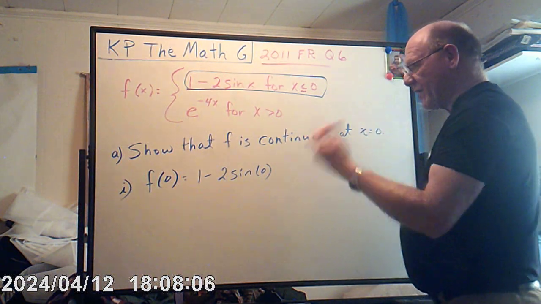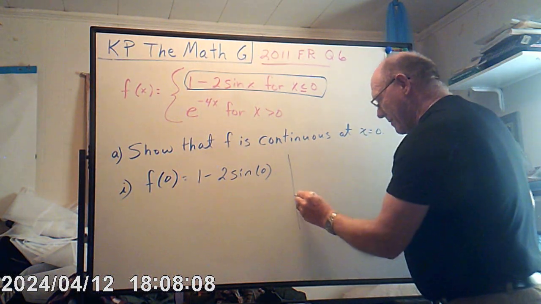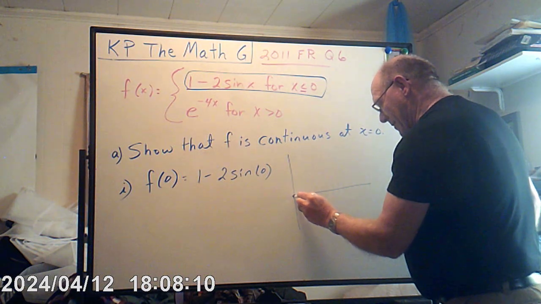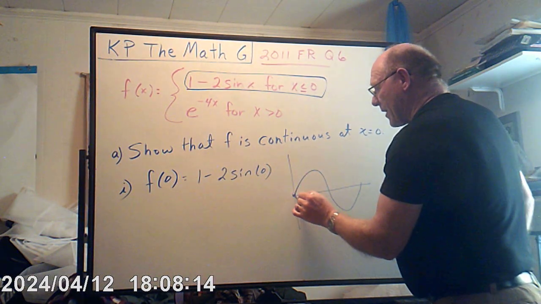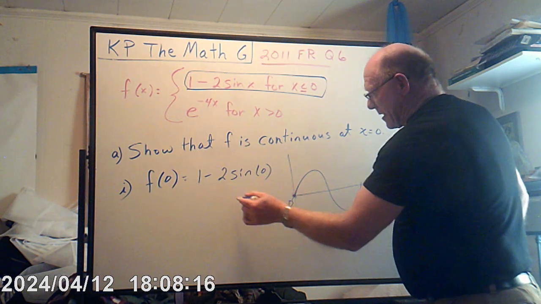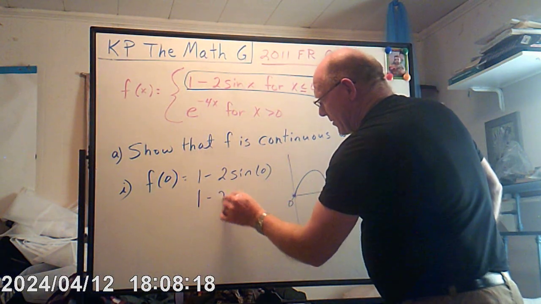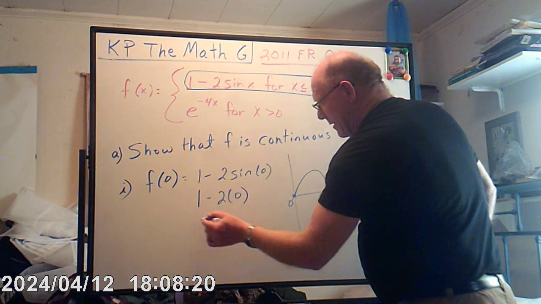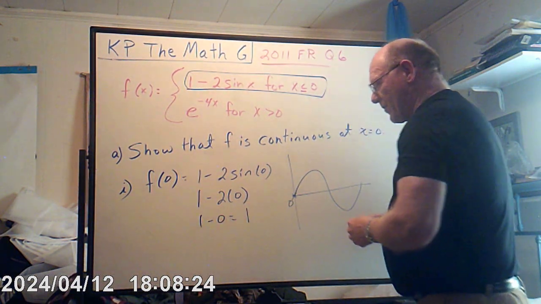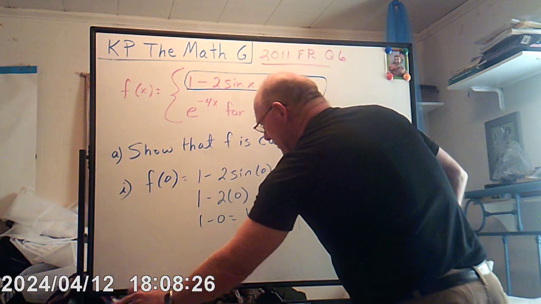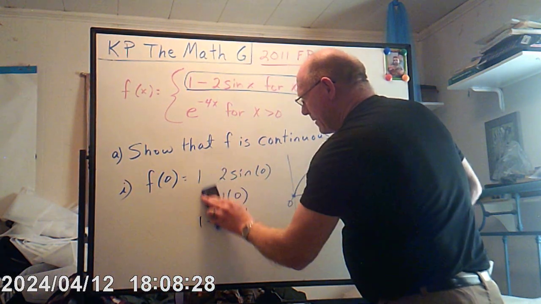Now, sine of 0, you have to remember from the graph. I always like to, there's the graph of sine. So sine of 0 is 0. So 1 minus 2 times 0 is 1 minus 0, which is 1. So F at 0 is equal to 1.